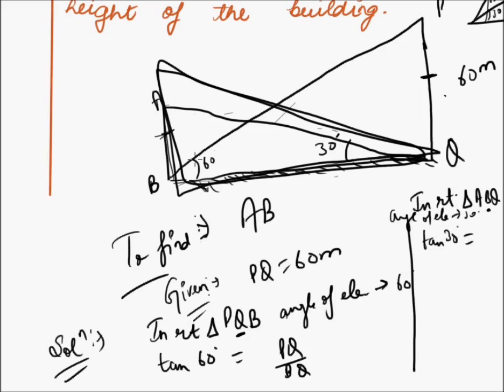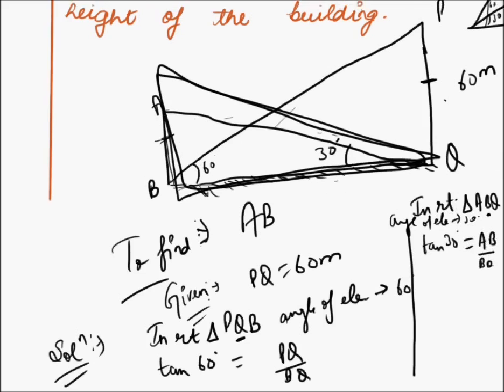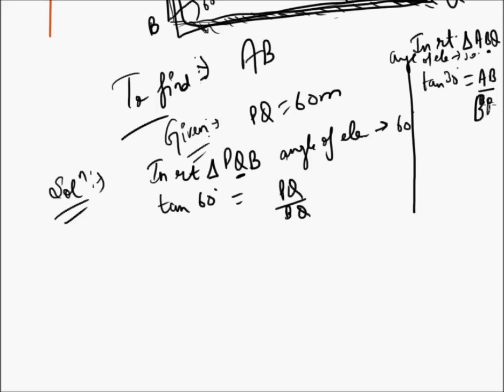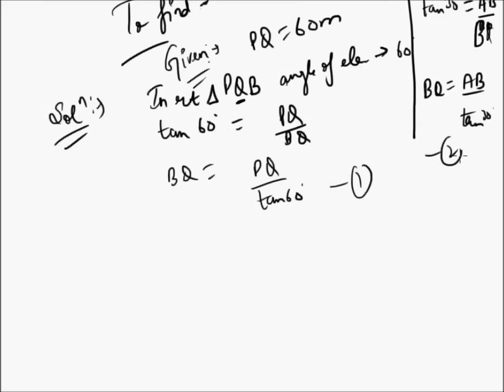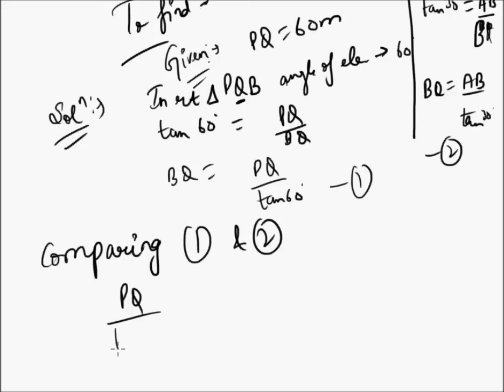Tangent 30 degree is perpendicular over base, that is AB over BQ. Now from the first part, BQ is PQ over tangent 60 degree, whereas from the second part, BQ is AB over tangent 30 degree. So comparing first and second, we have PQ over tangent 60 degree equals AB over tangent 30 degree.